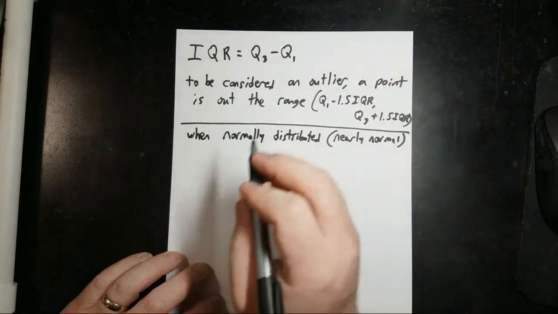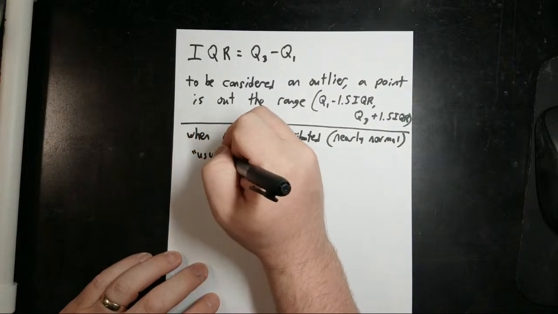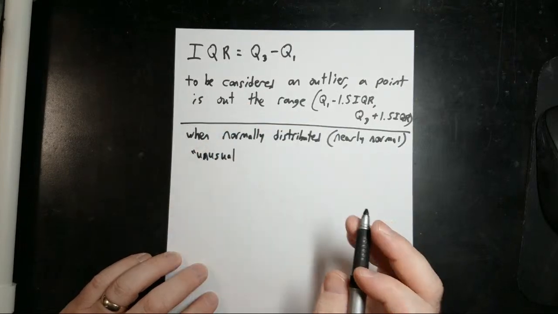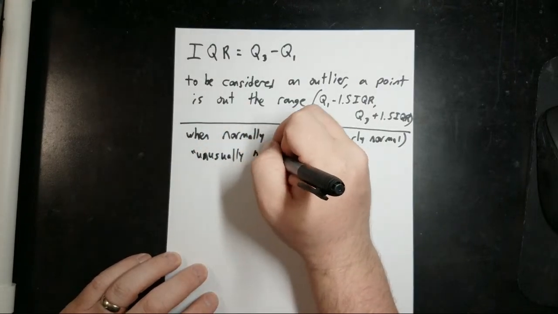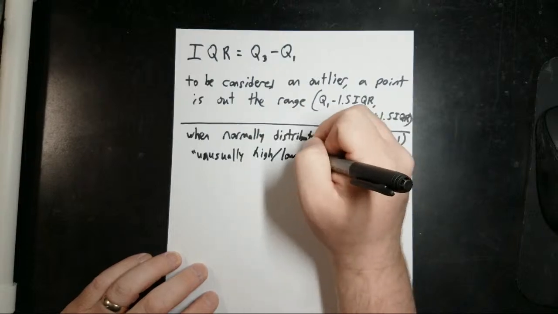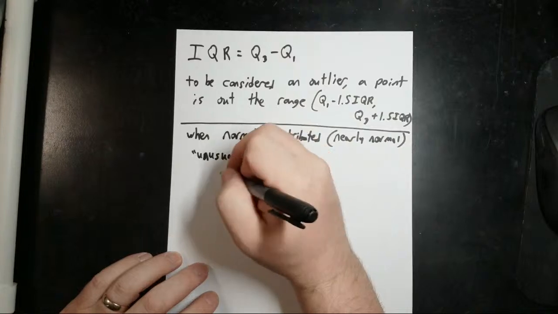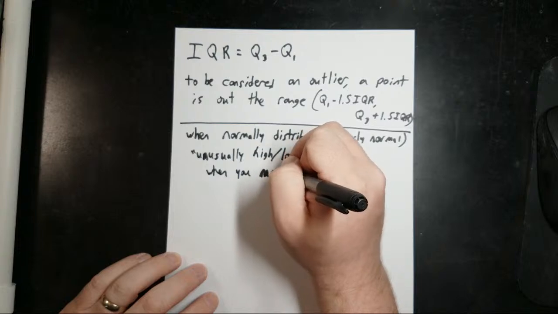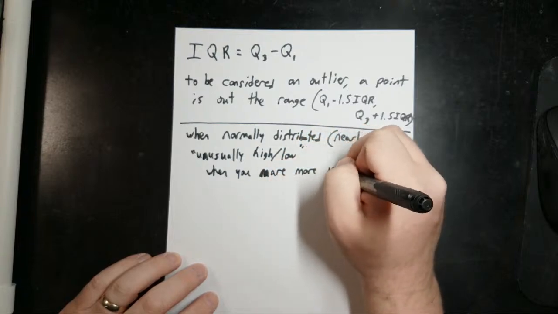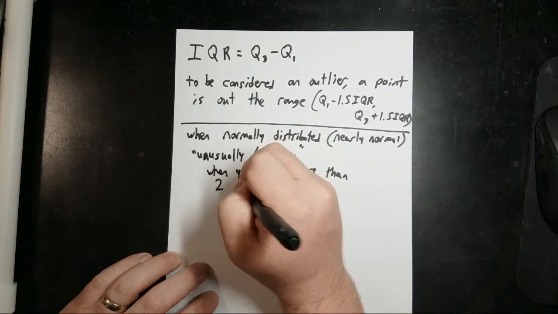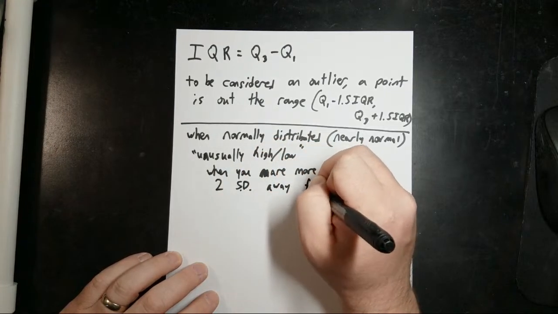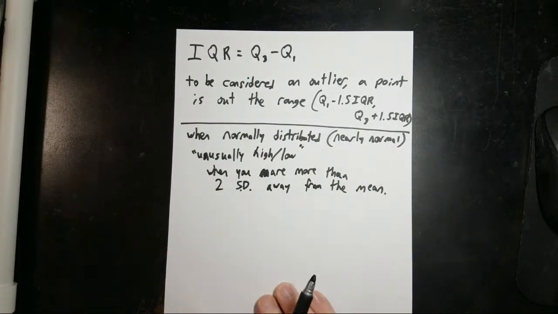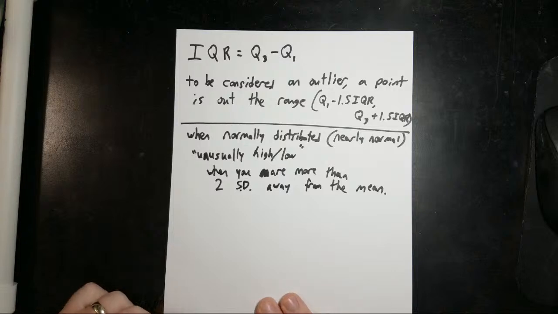So for, quote, unusually high / low, end quote, is when you are more than 2 standard deviations away from the mean. Then you would be considered unusually high or unusually low.